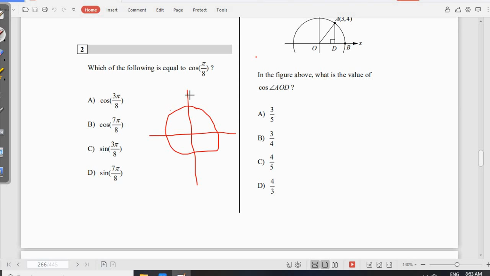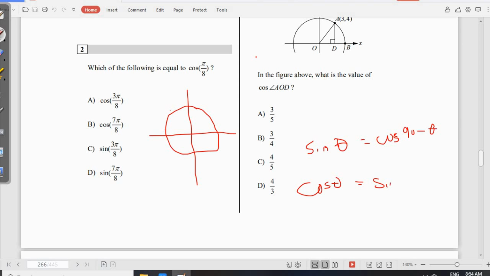Now what you do is, remember, sine theta is equal to cos of 90 degrees minus theta, and cos theta is equal to sine of 90 degrees minus theta.